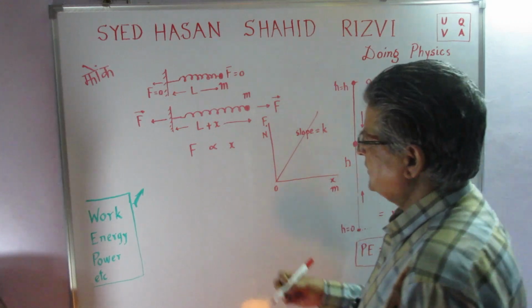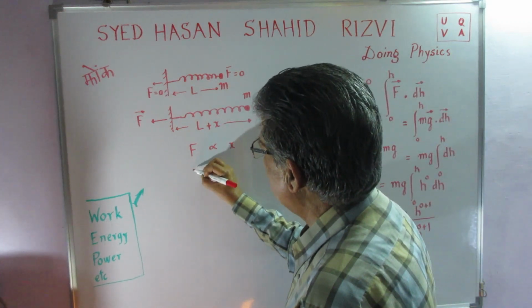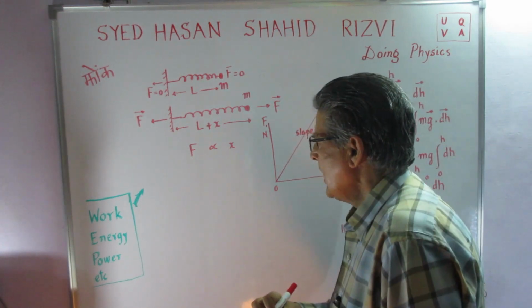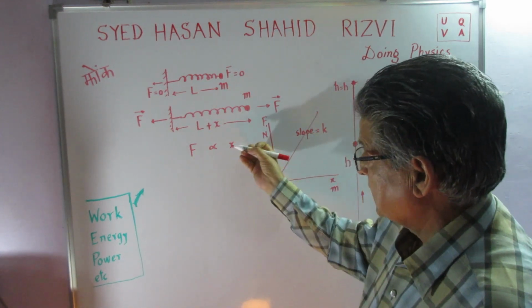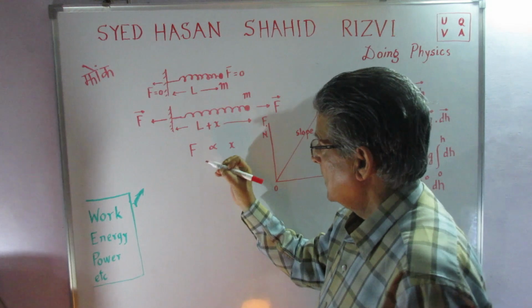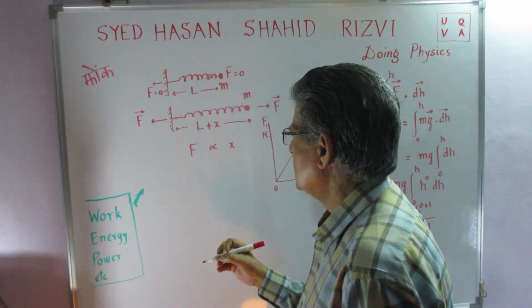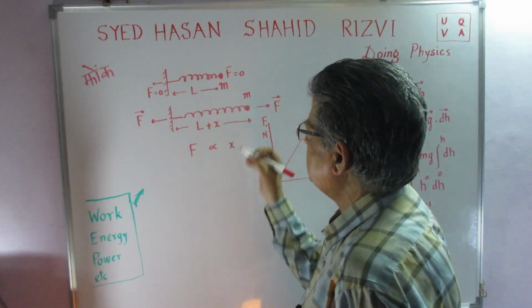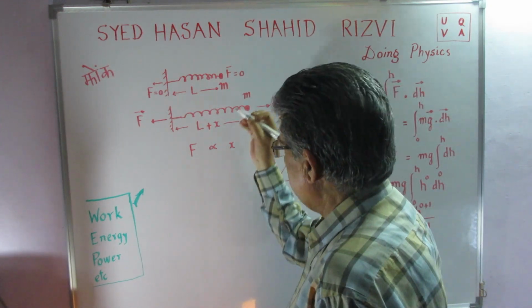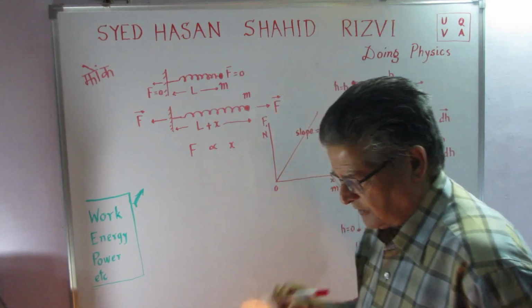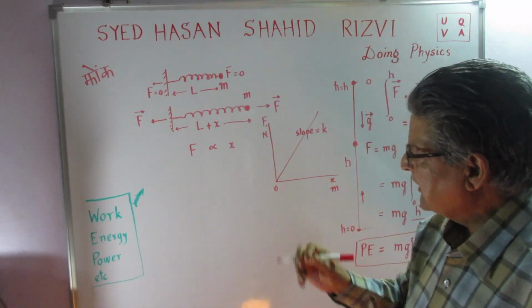The extension could be compression also, it can be negative also. The force on the body of mass m under the situation of elongation, at any moment I release it, you will see that it starts oscillating, etc.